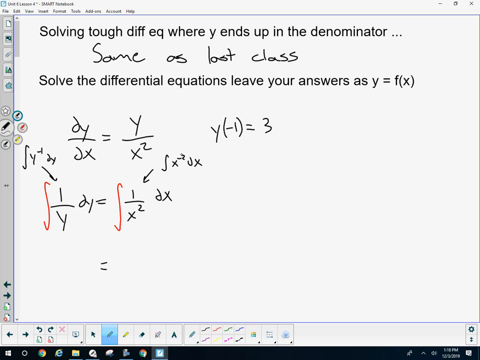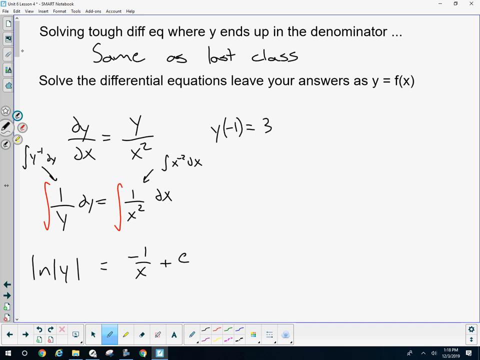So the antiderivative of x to the negative second, add 1, it's x to the negative first, times the reciprocal, negative 1 over x would be the antiderivative. Don't forget your plus c. Over here, though, power rule doesn't work, but we remember the antiderivative of 1 over y, or 1 over x, is log absolute. The derivative of log is 1 over, which means the antiderivative of 1 over is log absolute.